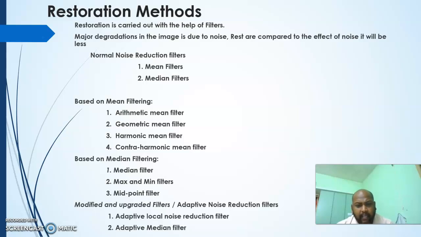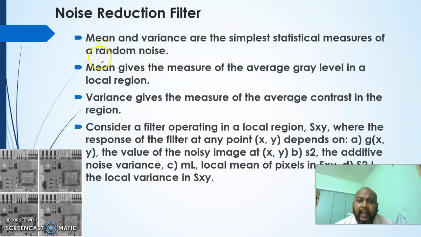For these filters, the upgraded versions can also be mentioned, that is with adaptive nature: the adaptive local noise reduction filter and the adaptive median filter. Like this, in different approaches, the restorations were carried out.